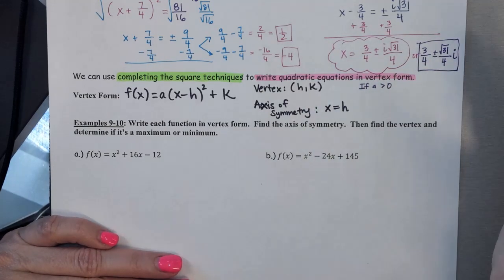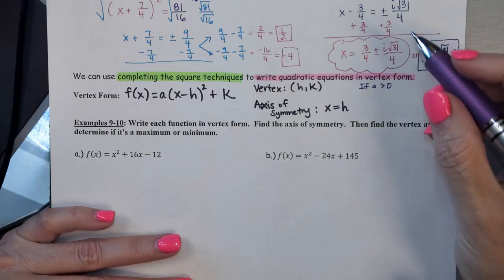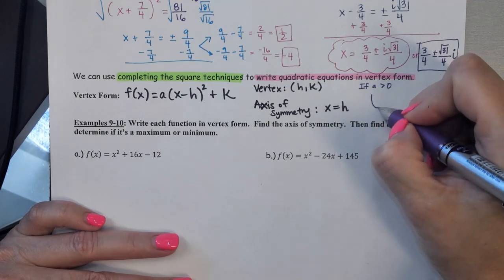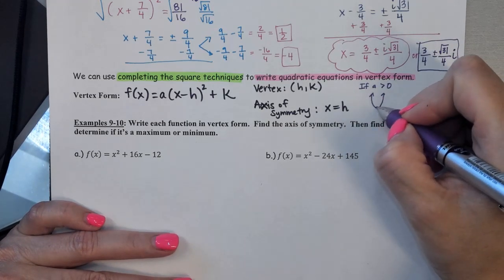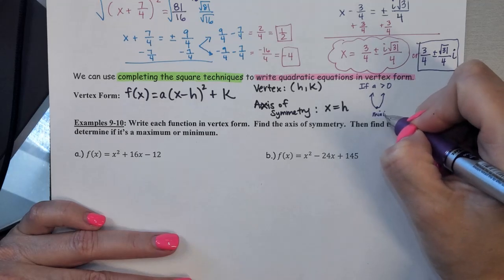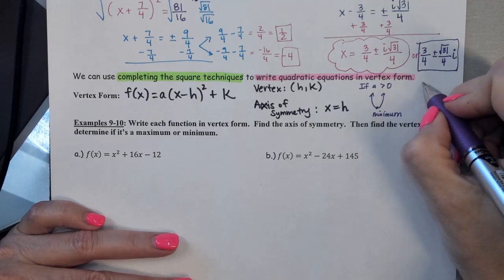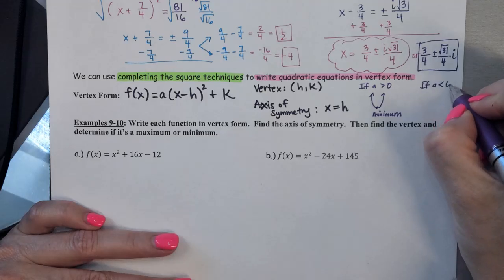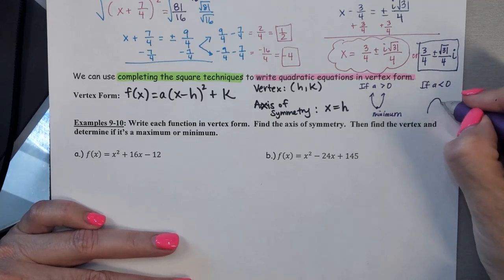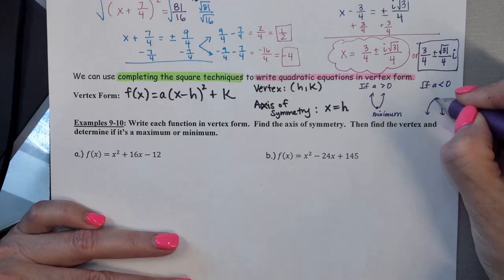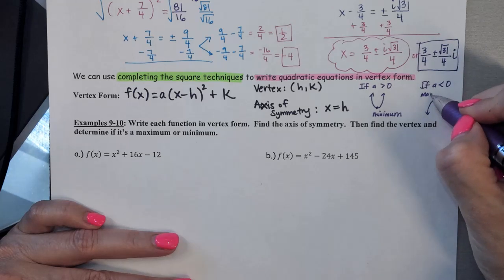We talked about in our last unit that if a was positive, our graph would open up and that would create a minimum value. And if a was negative, then the parabola would open downward and that would create a maximum value.